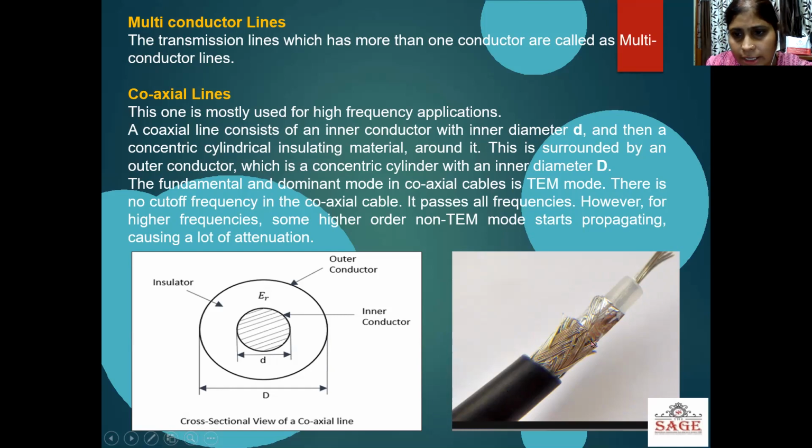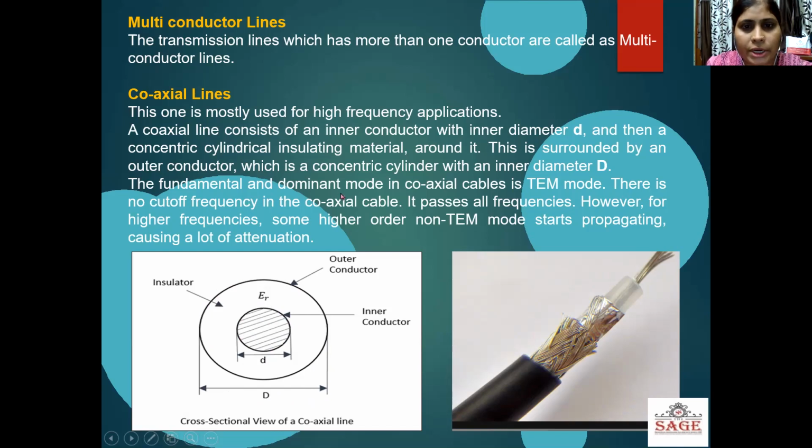So it has an inner conductor and an outer conductor. This diagram shows the cross-sectional view of the coaxial line. This shows the inner conductor, let its diameter be denoted by small d. This shows the outer conductor, let its diameter be denoted by capital D. Between these two, the insulator is present.